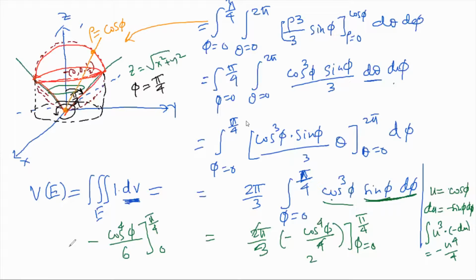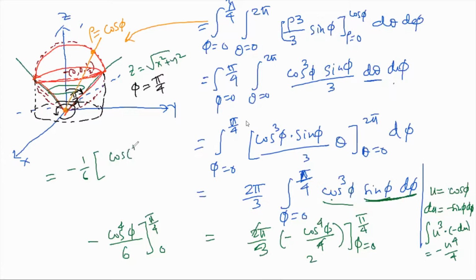So plug in pi over 4 first. So cosine pi over 4, minus cosine 0, which is just 1.